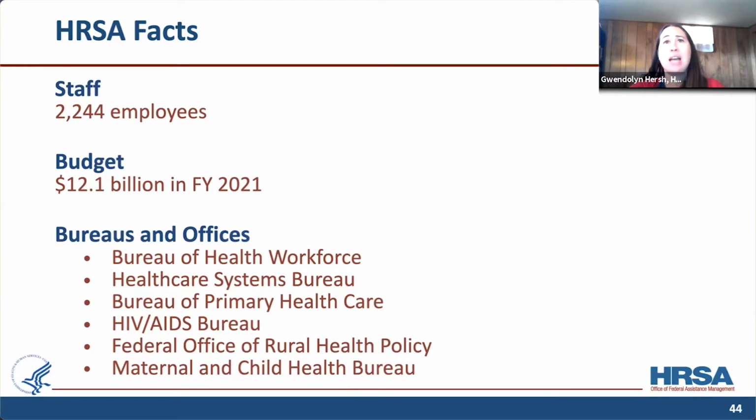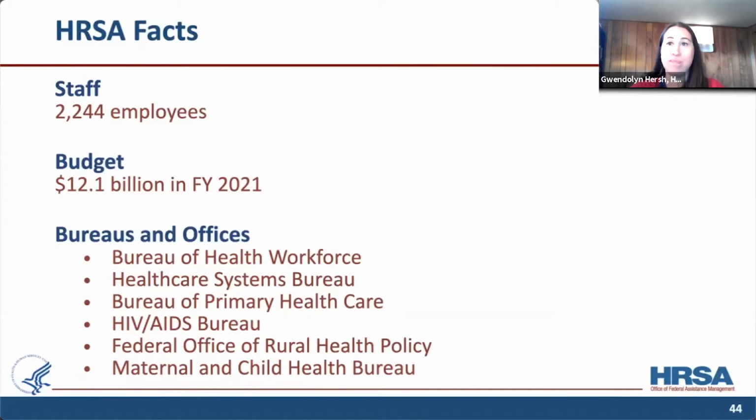HRSA also supports access to healthcare in rural areas, the training of health professionals, the distribution of providers to areas where they're needed most, and improvements in healthcare delivery. In addition to all that, we also oversee organ, bone marrow, cord blood donation and transplantation. HRSA compensates individuals harmed by vaccination, and we maintain databases that flag providers with a record of healthcare malpractice, waste, fraud, or abuse.